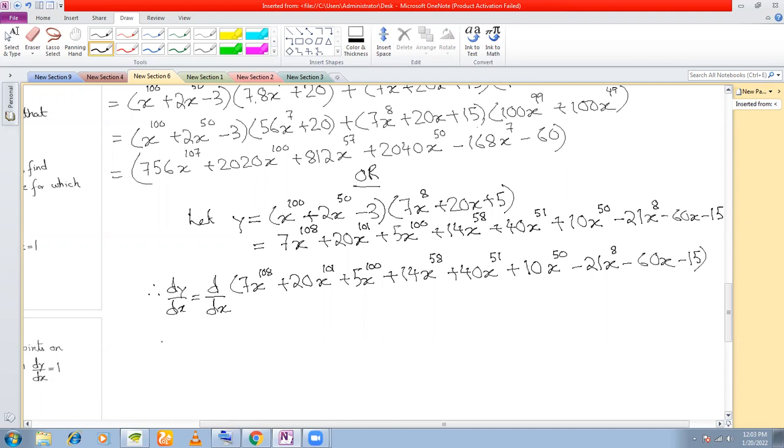Now, in order to differentiate, you split the differentiation into each of the terms of the polynomial.